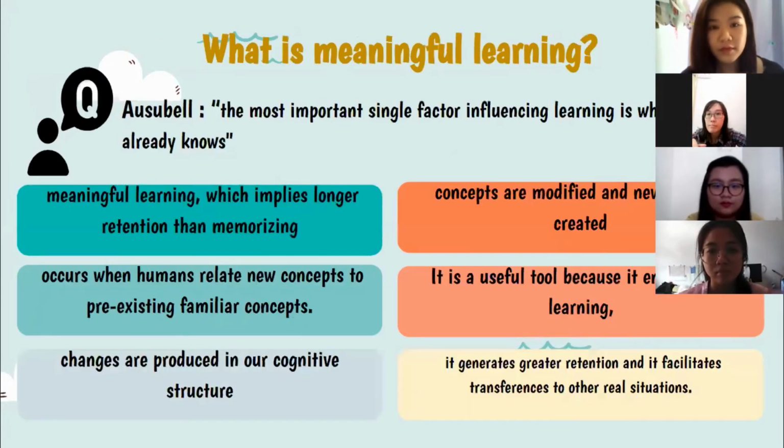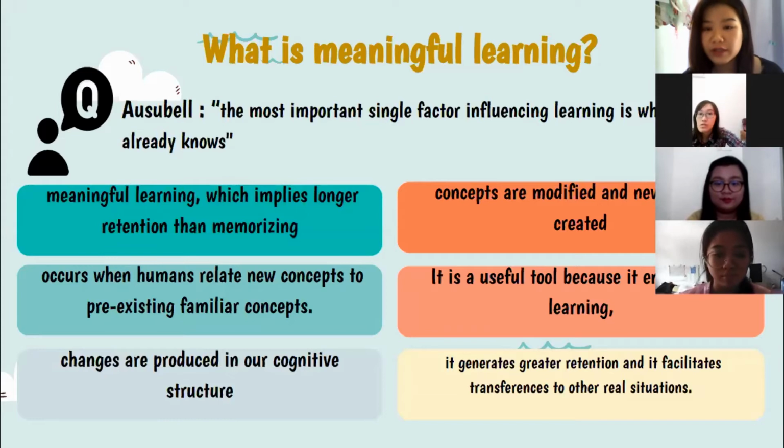And what is meaningful learning actually? Bell says that the most important single factor influencing learning is what the pupils already know. Meaningful learning implies longer retention than memorizing, and occurs when humans relate new concepts to pre-existing familiar concepts, and changes are produced in our cognitive structures, concepts are modified and created.